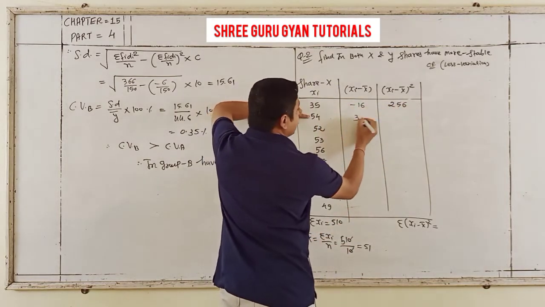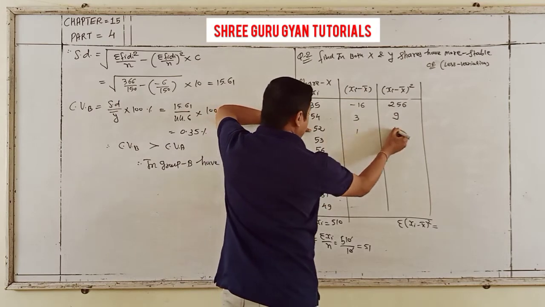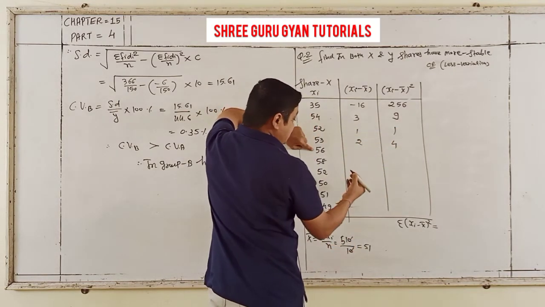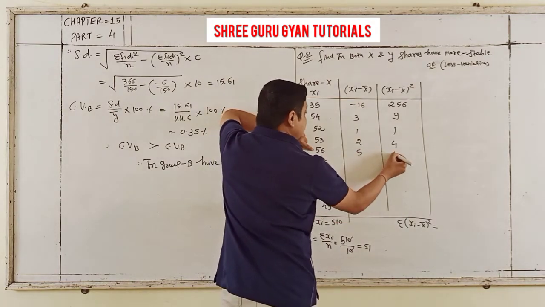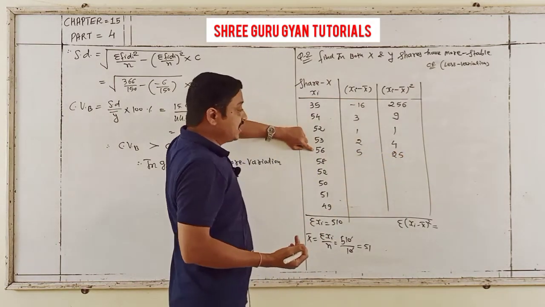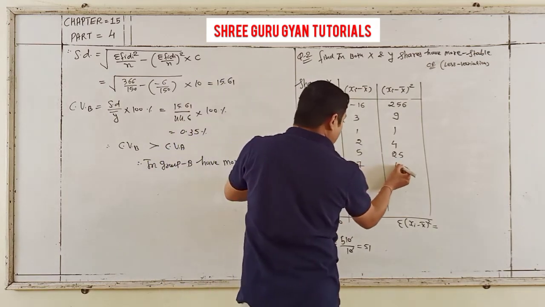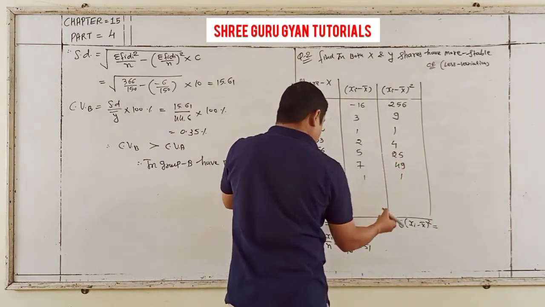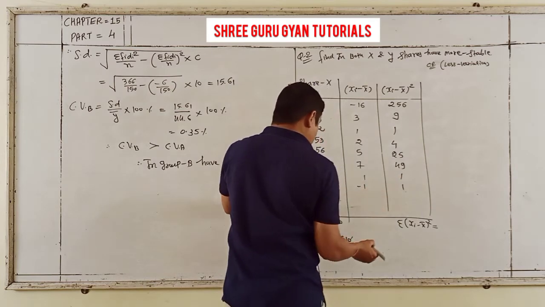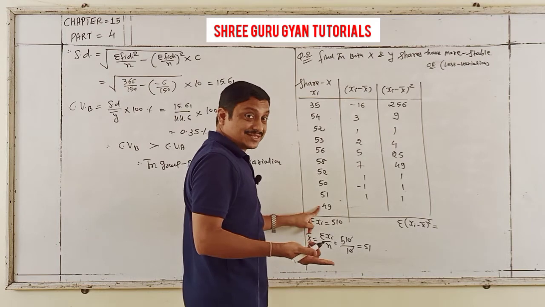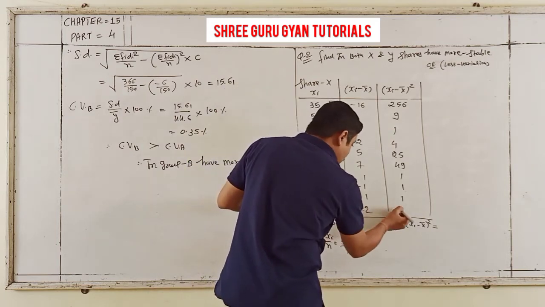Here 3, 9, 1. 53 minus 51, 2, 4. 56 minus 51, it is 5, yes, 25. 58 minus 51, it is 7, 49. Here 1, here also 1, but minus. Here 1, and last, 51 and 2, minus 2, but it is 4.